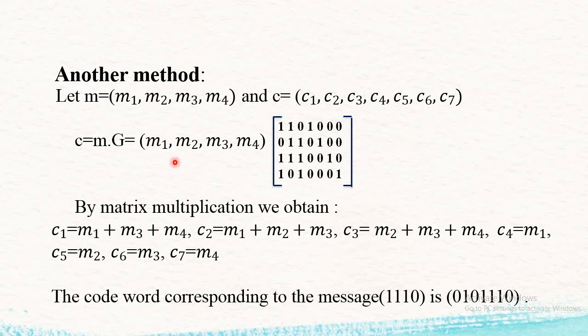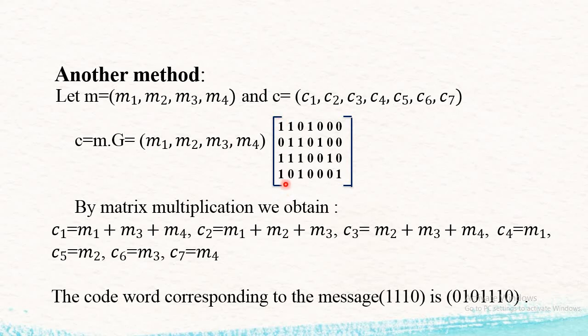We are multiplying this with the generator matrix. We are taking the previous example only. So this is the generator matrix which we used earlier, and then we take their multiplication. So by matrix multiplication, what are we obtaining? We are obtaining C1. What is my C1? The first value of the code word is nothing but M1. Now how do we remember this? You just focus on the values present in that particular row.